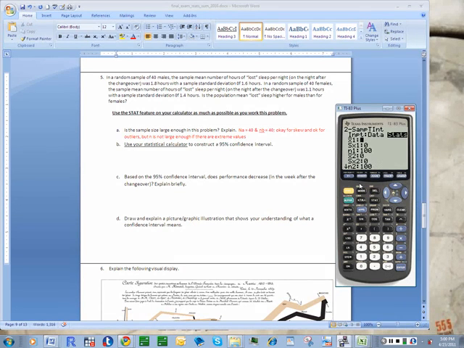So x bar 1 is 1.8 with a standard deviation of 1.6 and a sample size of 40. And then for the next group, for females, we had 1.1 and 1.4, also out of 40.